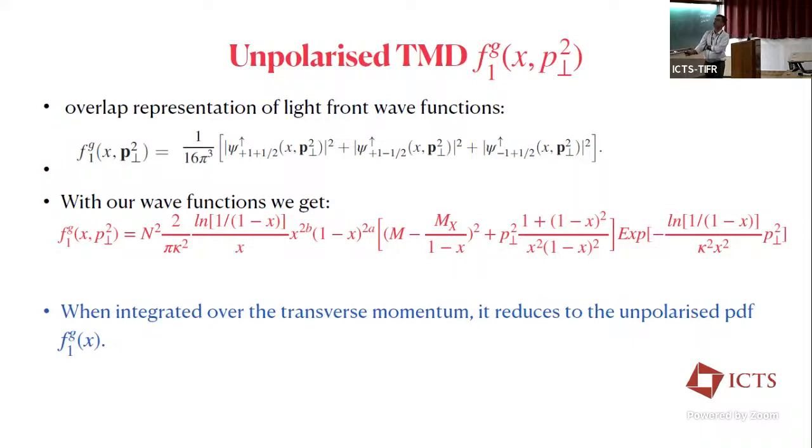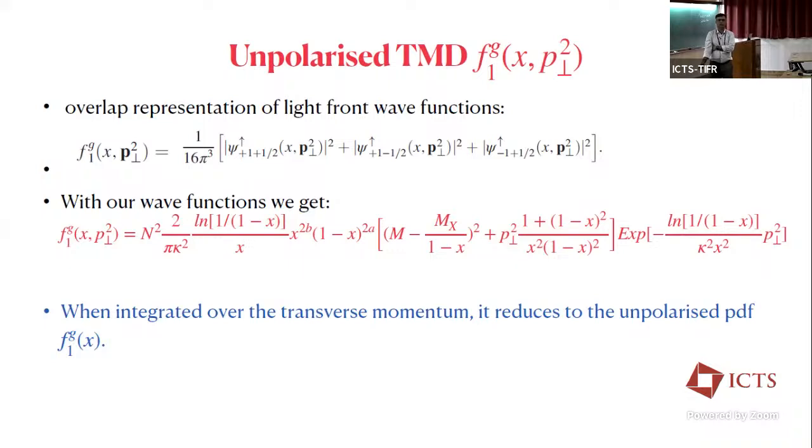So let us first discuss the unpolarized TMD, f1g. In the light cone overlap representation of the wave function, you can write it like this, and that gives you this expression. When you integrate this TMD, you get the unpolarized PDF, which you can check.